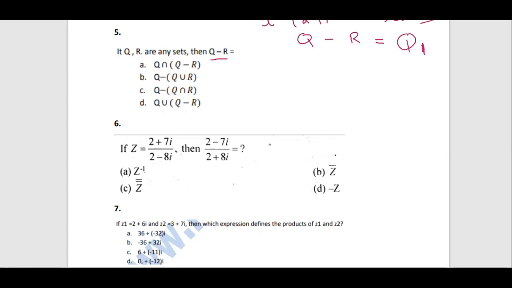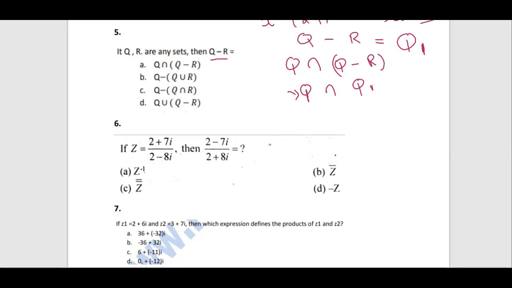Option A says Q intersection Q minus R. Whenever we have intersection, we only write down the common area. Q1 is Q without R, and this is all of Q. Since this is intersection, we only need the common area.